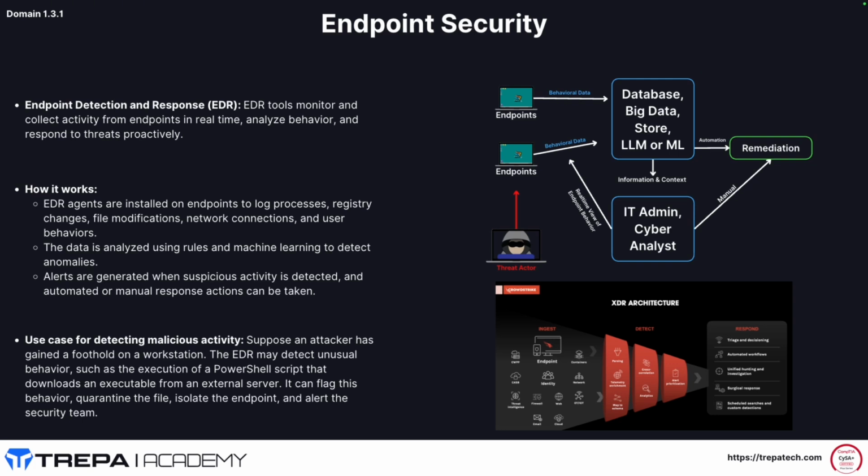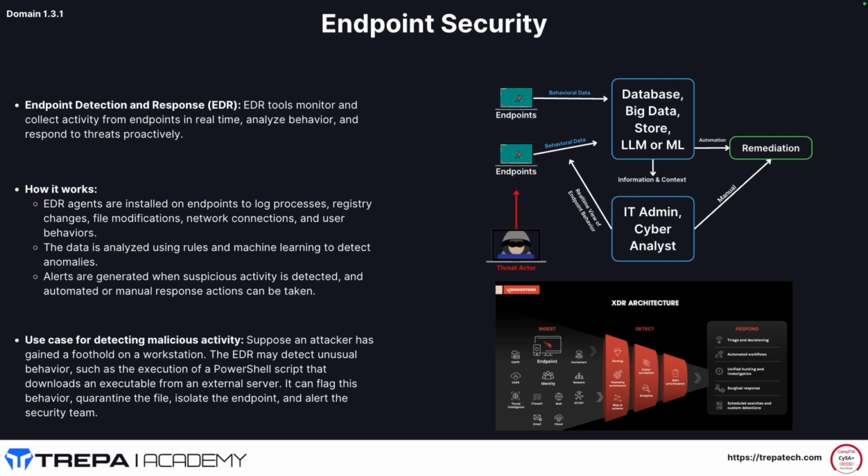So, how does it work? EDR agents are installed on endpoints to log processes, registry changes, file modifications, network connections, and end user behaviors. Pretty much just heuristics, right? Taking in everything that's going on in that endpoint, creating what's normal, and scanning for anything suspicious or malicious, like malware or viruses, or suspicious network connections that deviate from a user baseline or reach out to well known malicious IPs or domains.